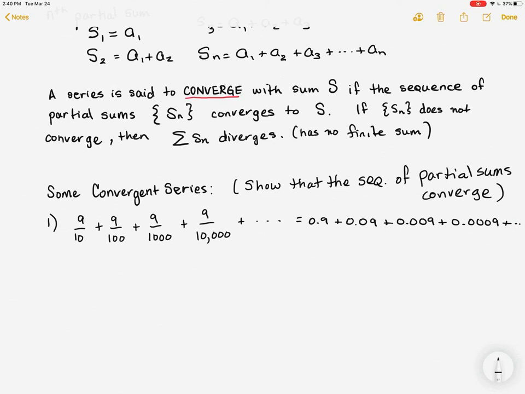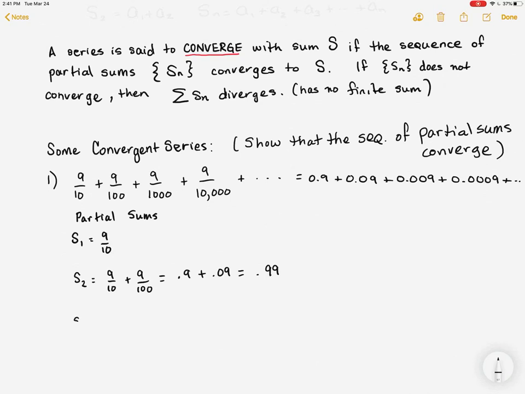So let's look at the partial sums. The first partial sum is just the first term. The second partial sum is the first term plus the second term, or 0.9 plus 0.09 to give us 0.99.